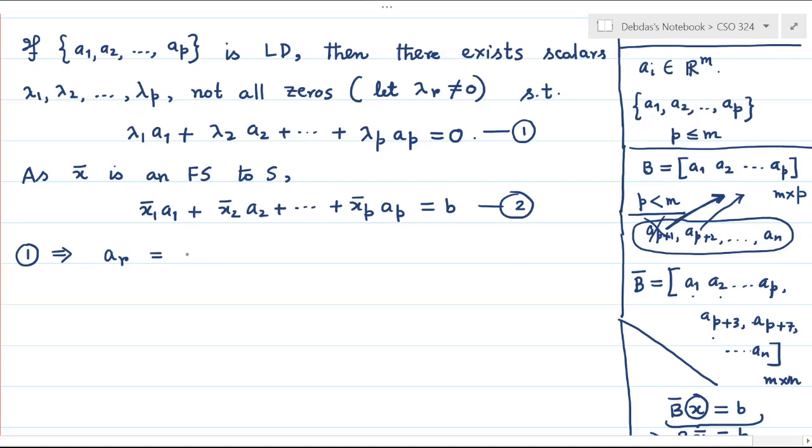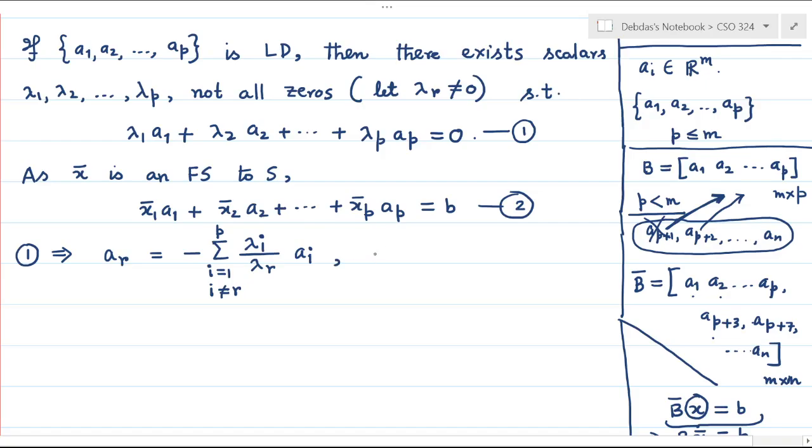Accordingly, you will obtain ar is minus of lambda 1 by lambda r into a1 and then a2 and so on, all of them. So I am just considering i here, and it will be summation from i equal to 1 to p, but i not equal to r. Fine.